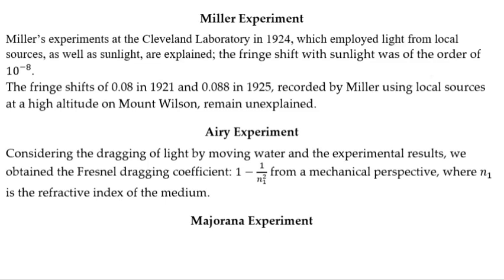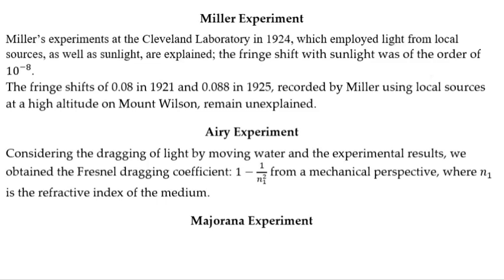This explains Miller's experiments at the Cleveland Laboratory in 1924, which employed light from local sources, as well as sunlight. The fringe shift with sunlight was of the order of 10 to the power of -8.